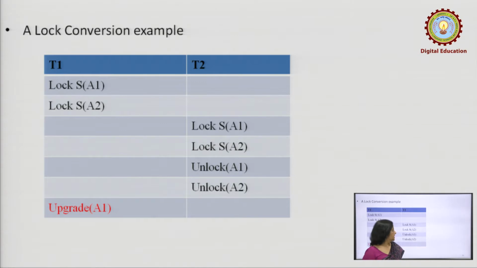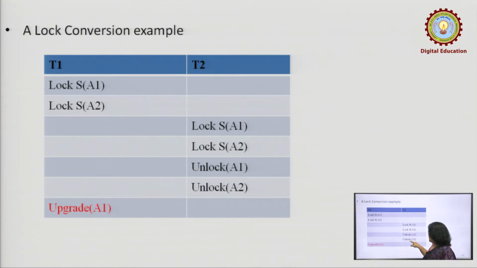So, we will see a lock conversion example over here. Here T1 is locking A1 in the shared mode and A2 in the shared mode. T2 has requested shared mode lock on A1 and A2, and it gets the lock because the transaction T1 is holding the data items in a compatible mode.